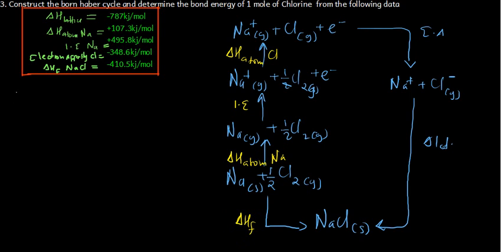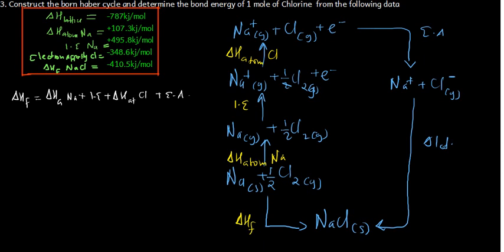And so what we are saying is enthalpy of formation is equal to enthalpy of atomization for sodium plus ionization energy plus enthalpy of atomization for chlorine. And then what else do we have? And then we have plus electron affinity.